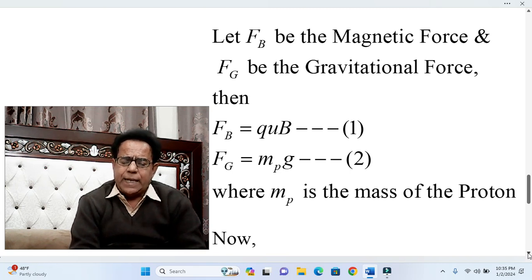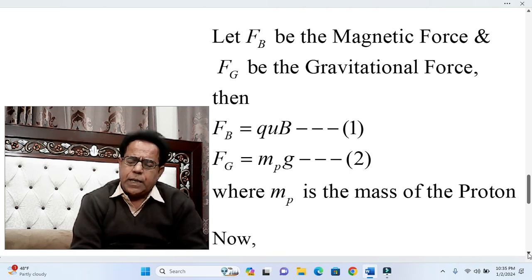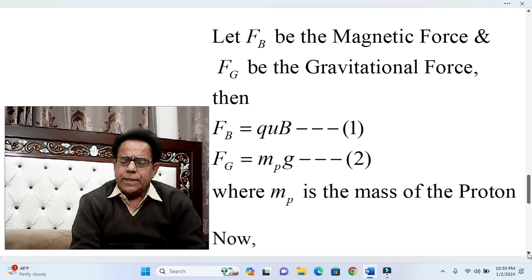Because the mass is that of the proton, small p is written as a subscript of mass m. Moreover, g is the acceleration due to gravity, and mp is the mass of the proton.